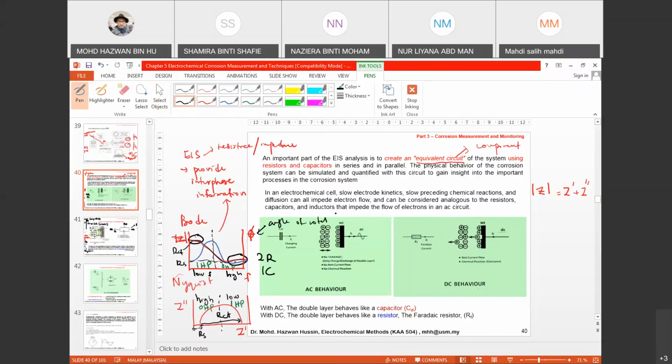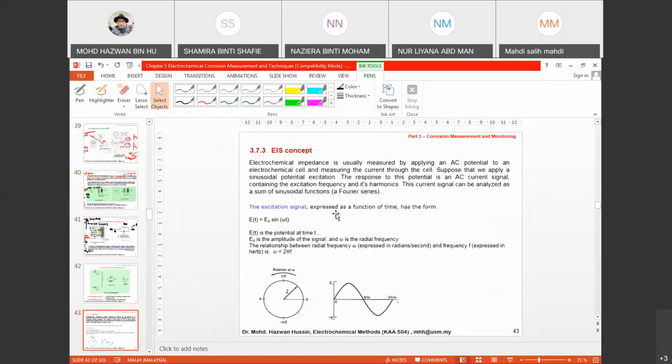So, rotation of the frequencies. This is actually the thing that we were saying just now. EIS is usually measured by applying an AC potential to an electrochemical cell and measuring the current through the cell.